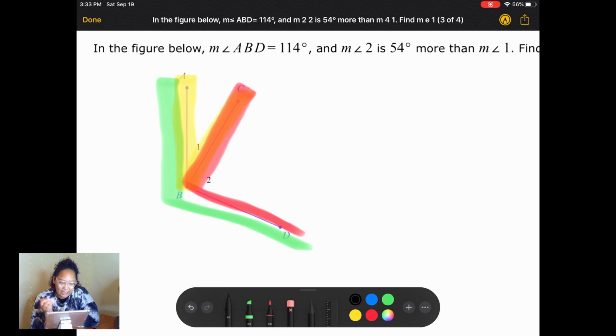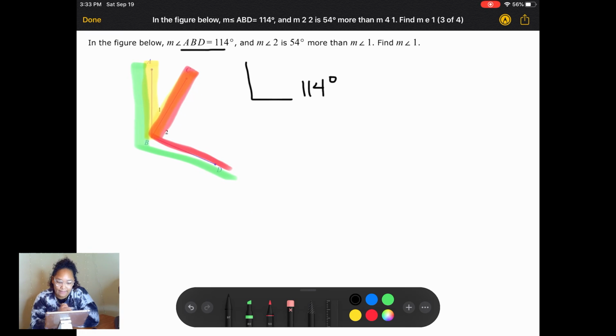So when I look at the question, it says measure of angle ABD. So the big angle, the big one, is 114 degrees. And then it tells me what one of the other ones is. So example, if I cut this into two parts and I call this X and I call this Y, X plus Y, this part plus this part, is going to equal 114.